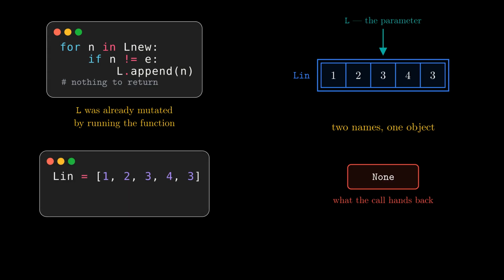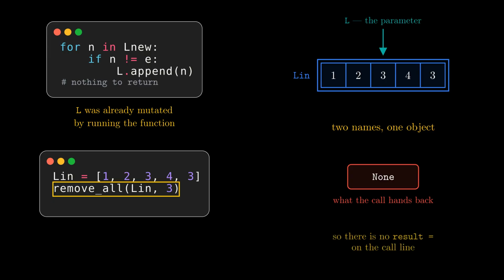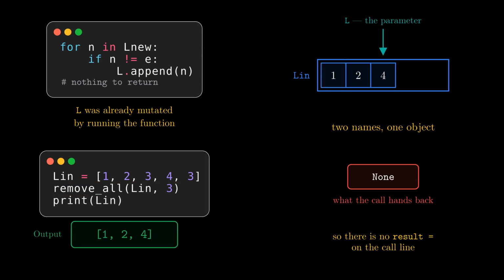Make a list named len holding 1, 2, 3, 4, 3. Then call removeAll, passing in len and 3 on a line of its own. Don't save the result into anything because the result is None. The real work happened to the object you passed in. Print len after the call and you see 1, 2, 4. The list you handed over came back changed.